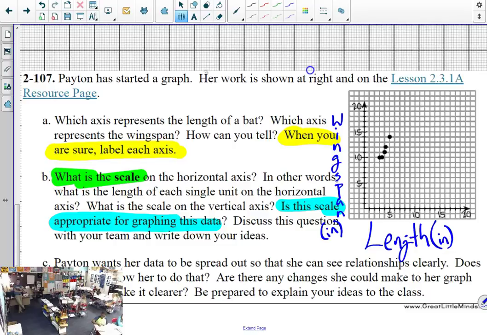So every time I move a box, how far am I going? Every individual box is worth how much? 1. So although we only show the 5s, our scale is actually counting by 1. Every box is worth 1 because 1, 2, 3, 4, 5 boxes gets me to 5. And vertically, it's the same thing.